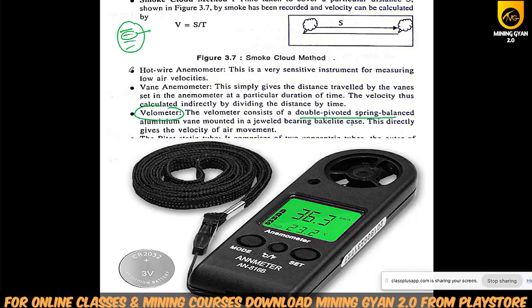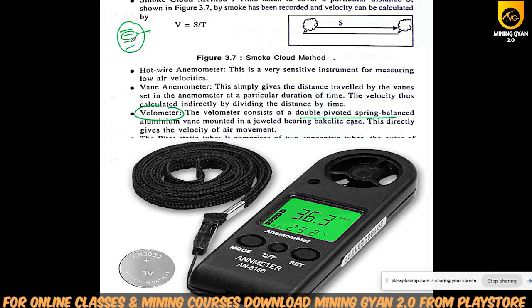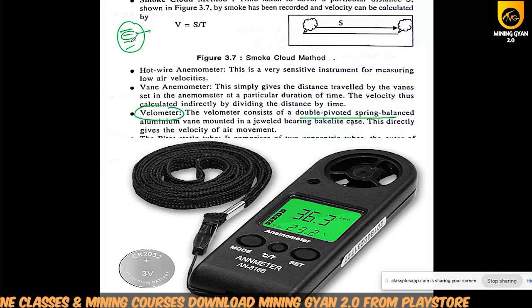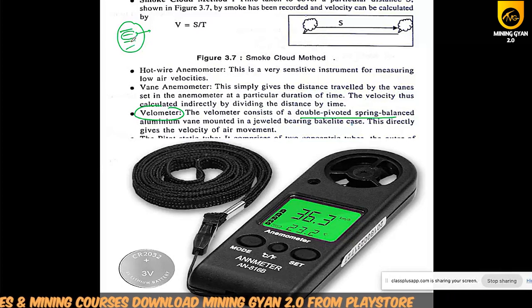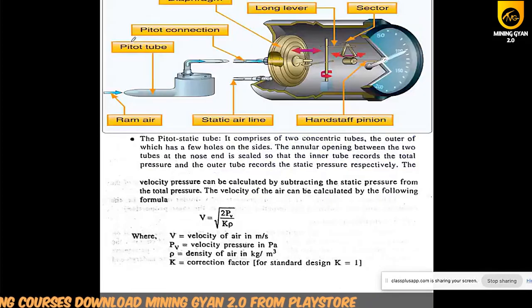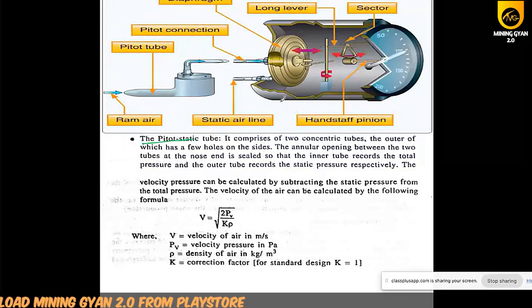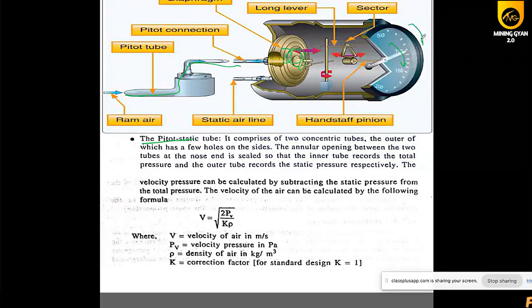Whenever I see a name, I try to find an image of it, so you will get the basic information about that instrument. And this is the pitot static tube. If you put it in, the air will flow and this will rotate, so on that basis it will give you an idea of how much the velocity is.